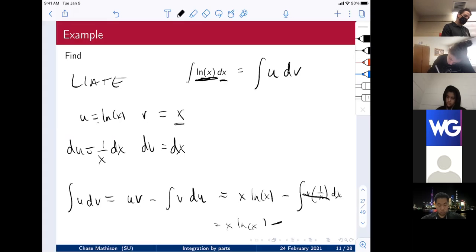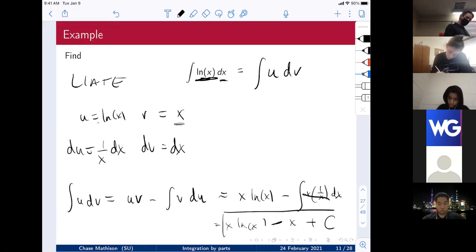X, perfect. And then don't forget, with these indefinite integral problems, you need to add a constant at the end. But that is the integral of natural log of x, is x natural log of x minus x plus a constant. Okay. So, questions on that?